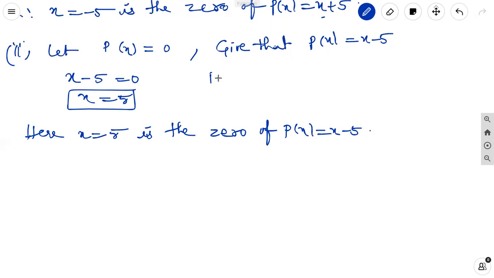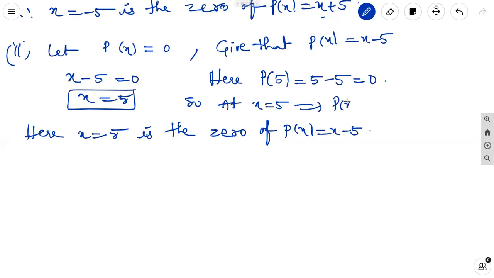Why? Because here p of 5 equal to 5 minus 5 equal to 0. So, at x equal to 5, p of 5 is equal to 0. Therefore, x equal to 5 is the 0 of p of x equal to x minus 5. What we think, just put on the paper only.